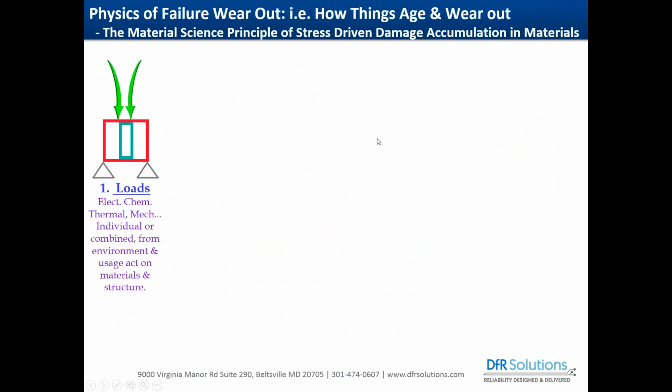So to explain the basics of the physics of failure approach of how things age and wear out, which is based on the material science principle of stress-driven damage accumulation in materials, we have a little example here. So let's assume that we have some structure, and let's face it, electrical components have to be packaged in a physical world in an integrated circuit or a chip capacitor or a relay terminal capacitor or an inductor.